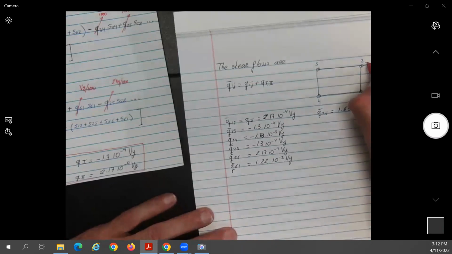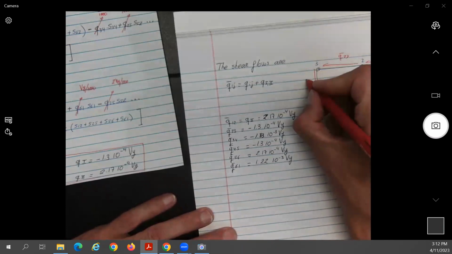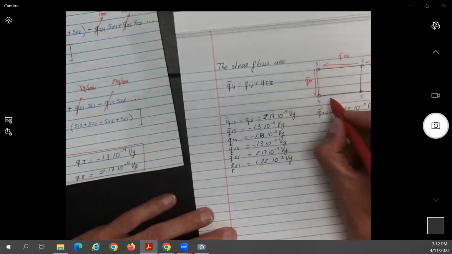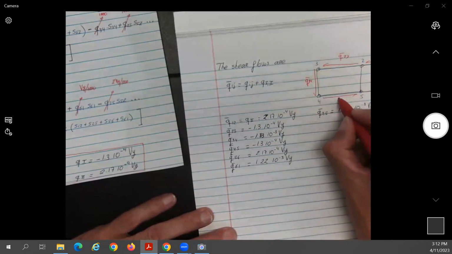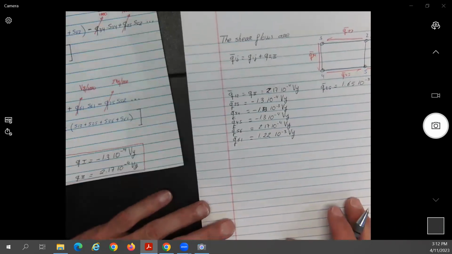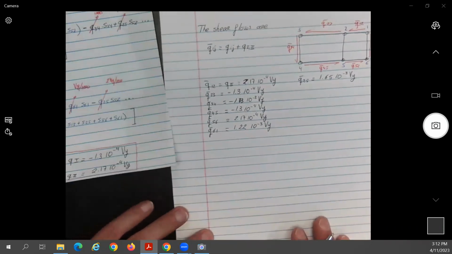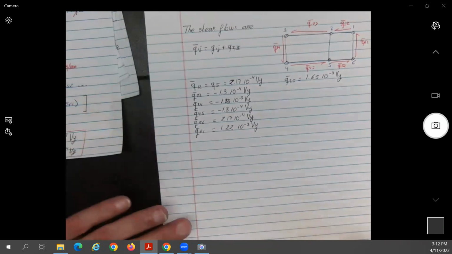Okay, if you want, we can put here Q bar 1, 2, Q bar 2, 3, Q bar 3, 4, Q bar 4, 5, Q bar 5, 6, Q bar 6, 1.